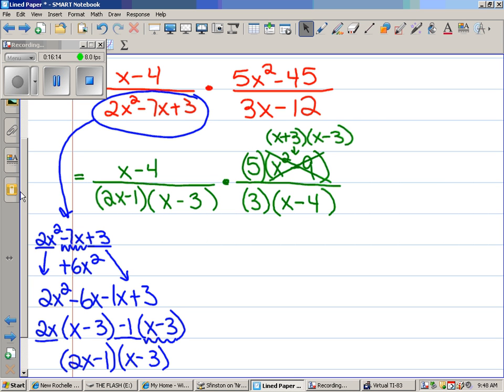But you could say to yourself, 2x is in the front of this, right? There's only one way to make 2x squared, right? Because it's prime. 2x and x. You know what I'm saying? There's only one way to make 3 at the end. That's also prime. 1 and 3. The question is where do they go and what kind of signs go with them?